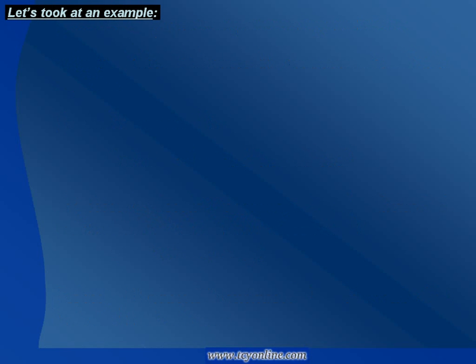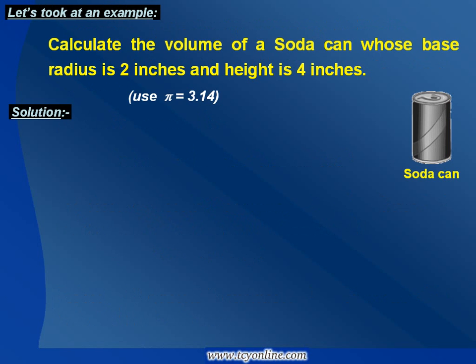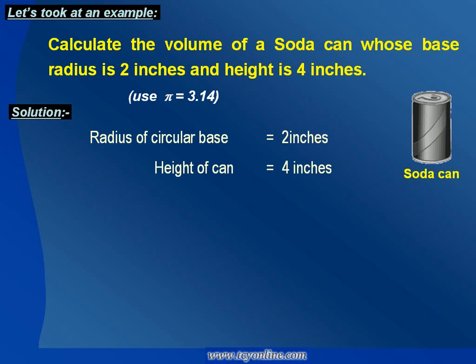We shall consider an example for more clarity. We need to calculate the volume of a cylindrical soda can whose base radius is given to be 2 inches and height is 4 inches. We have learned that volume of a right circular cylinder is given by pi r square h, where r is the base radius and h represents height.